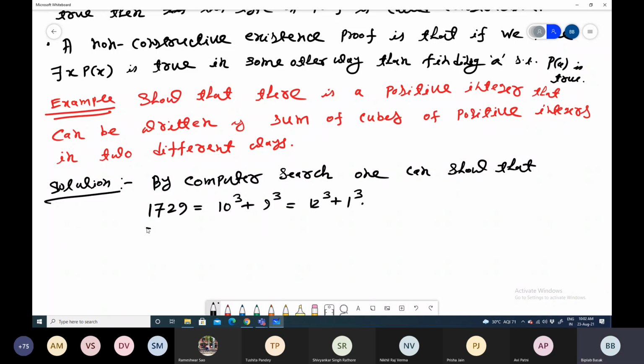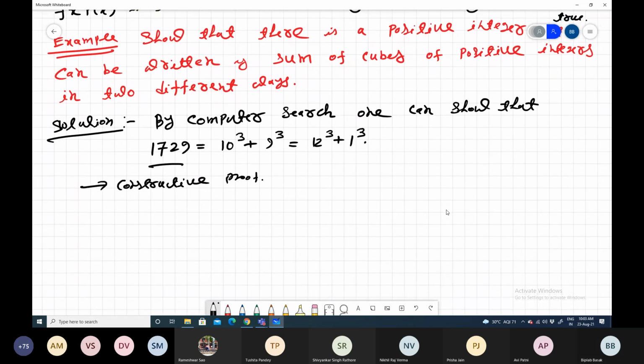Therefore this number can be written as the sum of cubes of two positive integers in two different ways. So this is a constructive proof, because we are giving a particular example.